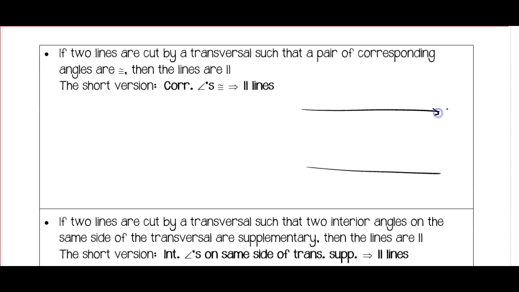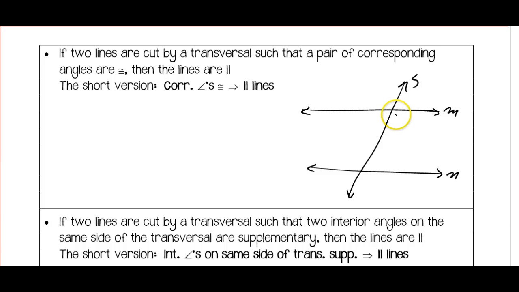So same picture, here's line M, here's line N, cut by transversal S. Now keep in mind that our pictures are going to get a little bit more complicated, so you're going to want to refer back to that video in chapter 4, the Intro to Parallel Lines, that references, when you have alternate interior angles, you're looking for an N or a Z. When you have alternate exterior angles, you're looking for what I like to call the flying V's. When you're looking for corresponding angles, you're looking for the F shape.